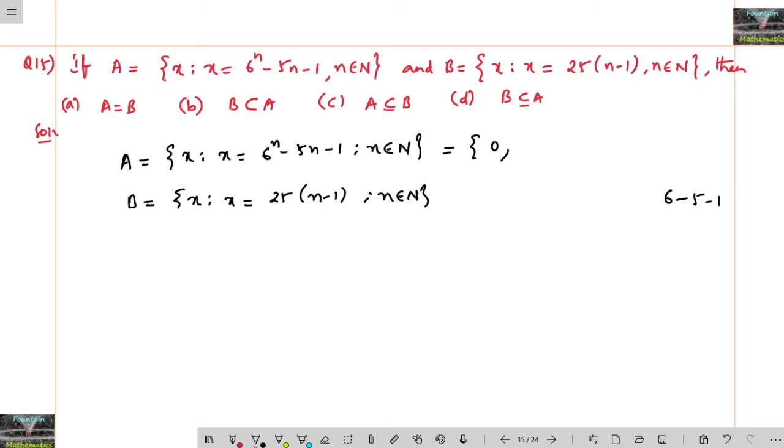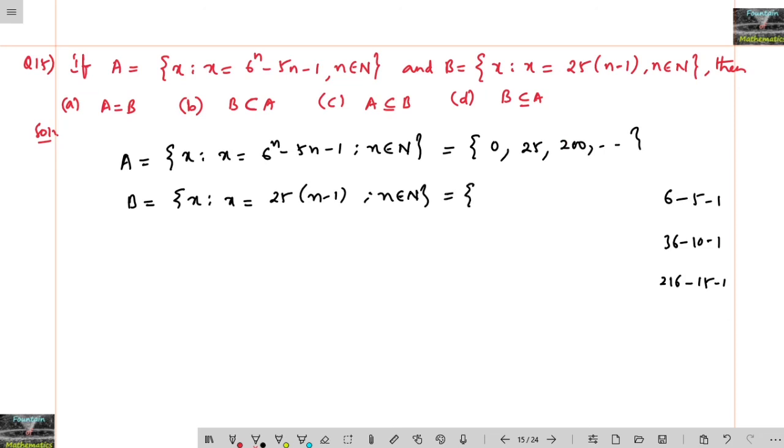And if I take n is equal to 2, 6 square is 36, 36 minus 10 minus 1, 25. And if I take n is equal to 3, I can write 6 power 3, 216 minus 5 threes are 15 minus 1, so this is 200 and so on.